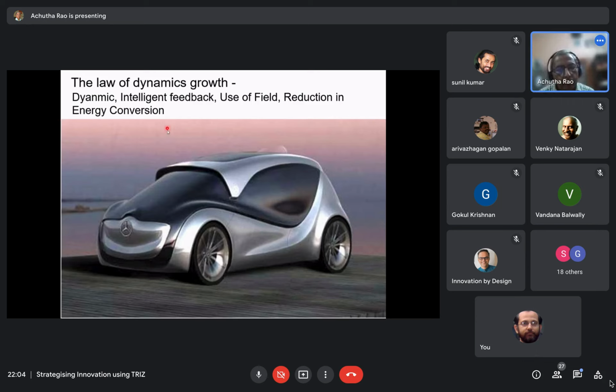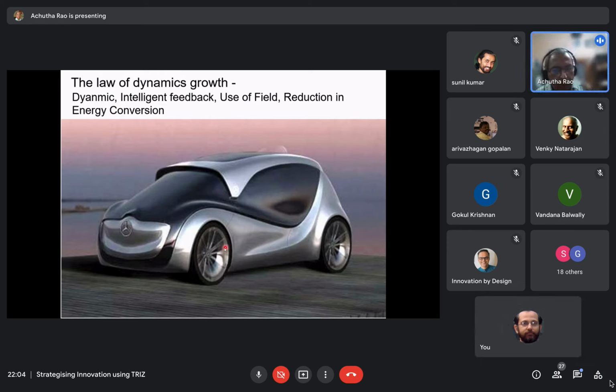Dynamic means the motor is not replacing the IC engine like the current electric cars. When you replace an IC engine with an electric motor, you are carrying forward all the ineffectiveness and deficiencies of the mechanical transmission system, which I do not know why these electrical manufacturers are not thinking about.